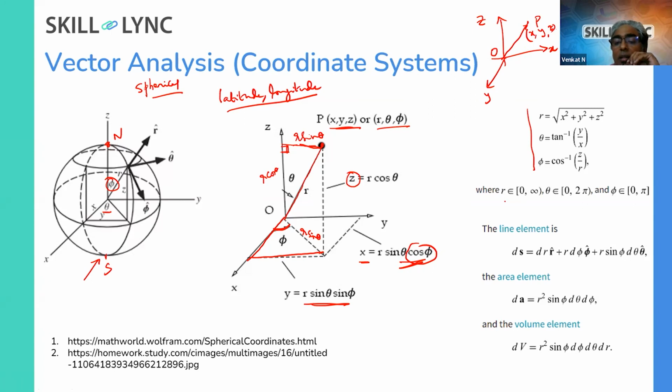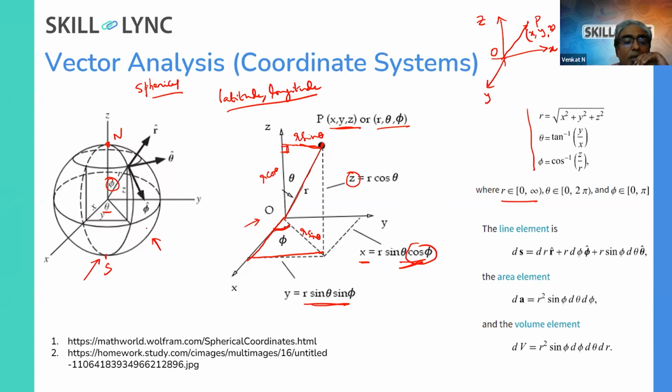So r is going from 0 to infinity, right? Again, if you remember cylinder coordinates also, the radius vector is always going from 0 to infinity. There is no negative number there because it's a radius or distance vector, so that can never be negative. And as you can see, don't get confused, this is another picture.